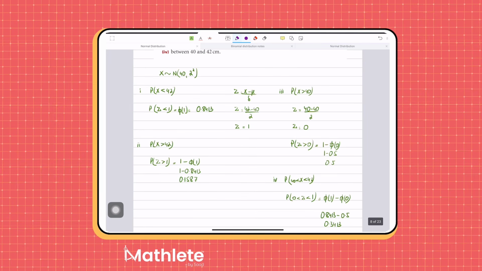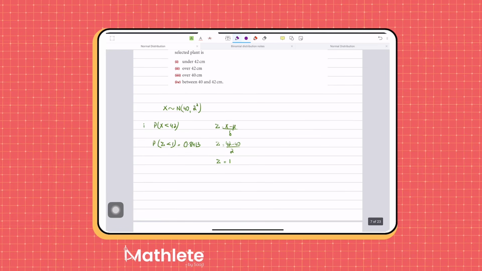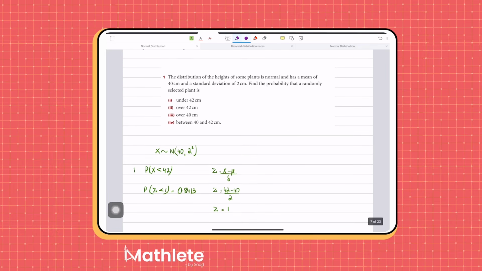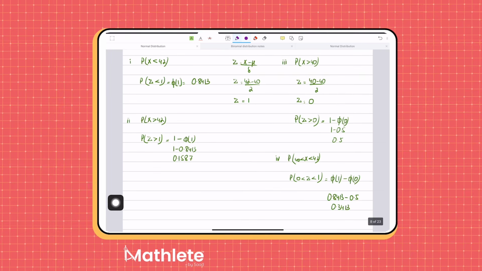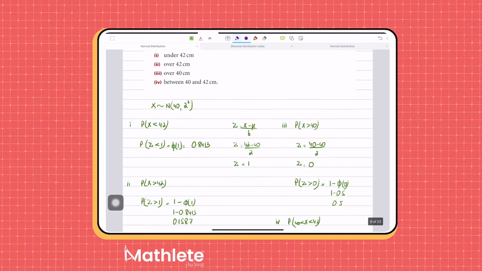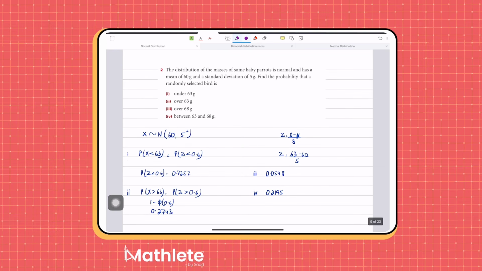Just let them be 0 and 1. Let me find a question where we can do this. Let's take this one. The z value turns out to be 0.6.